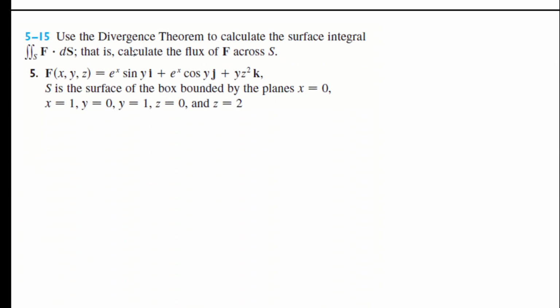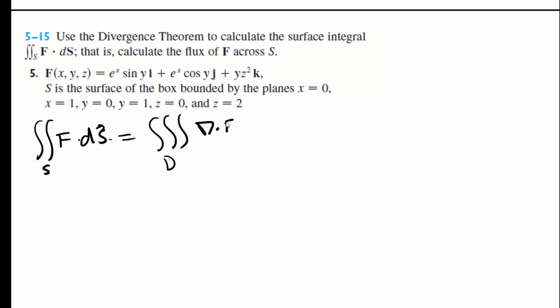It says use the divergence theorem to calculate the surface integral, that is, calculate the flux of f across S. So again, we want to compute this. Well, that's just going to be the triple integral over the region contained by this surface, so we'll have to figure that out, of the divergence of f dv. So that's going to be like dx dy dz.